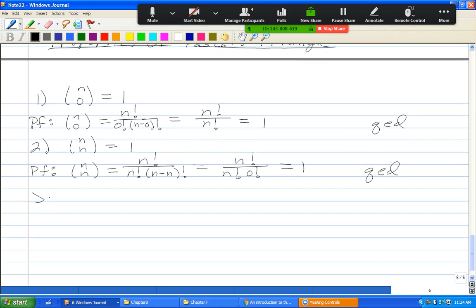3. NC1 is equal to n. Again, I'm assuming n here is a natural number.